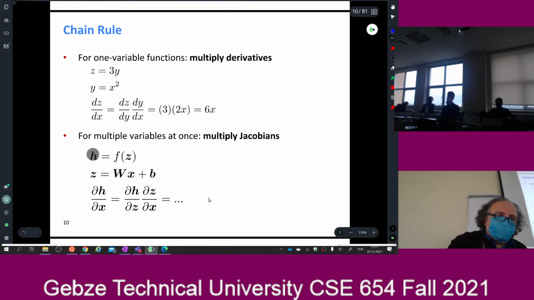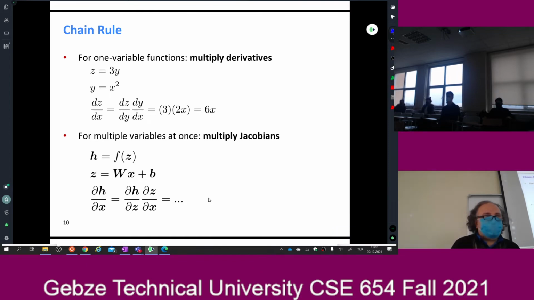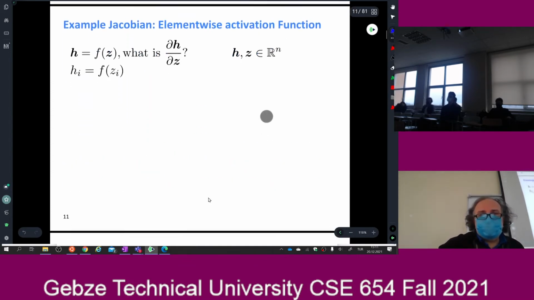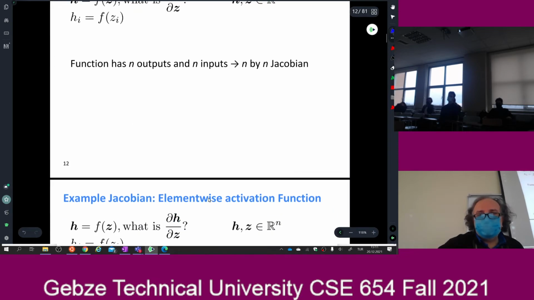Take the derivative of h with respect to x. Okay, the x's are important. And later I'm going to take the derivative of h with respect to w. Okay, so let's try to do that, okay?